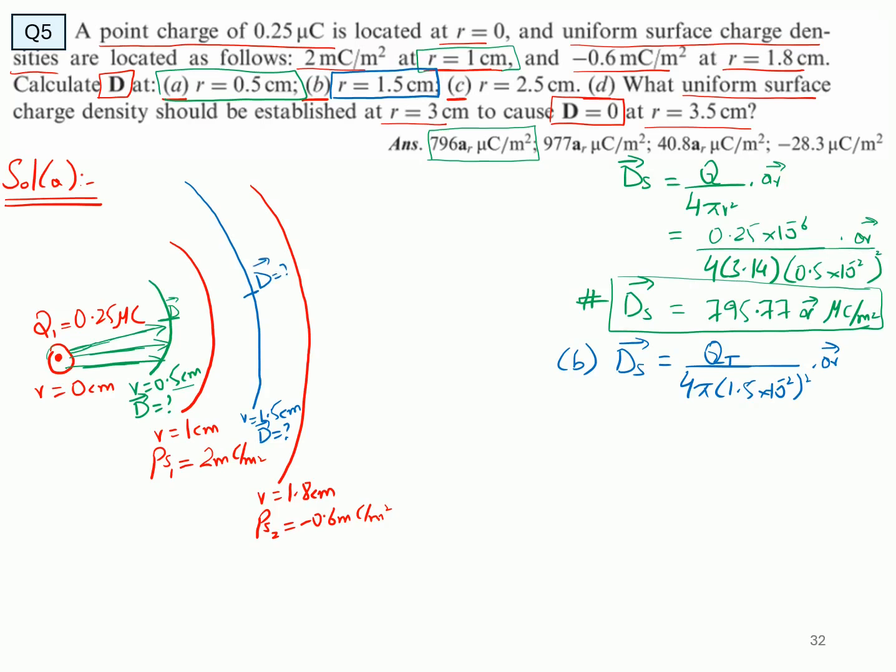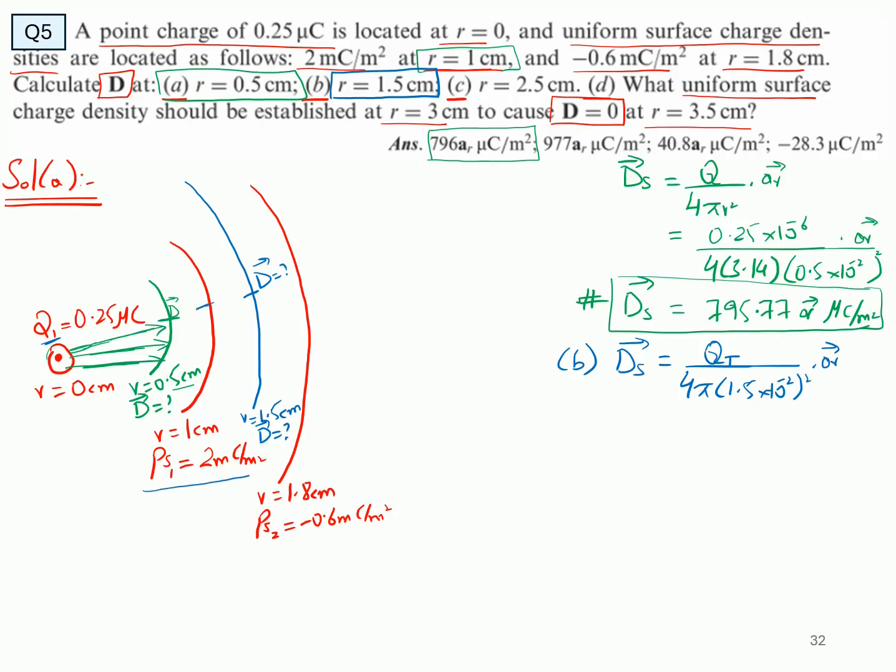If you look over here, there are two sources that are applying the force. One is the force coming from Q1 that has reached the previous D at a radius of 0.5, and the second is the force coming from the surface charge distribution at r equal to 1 centimeter.